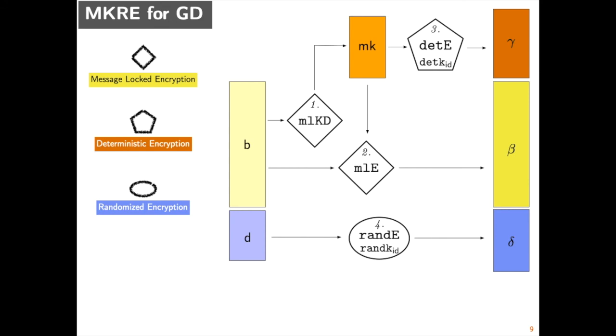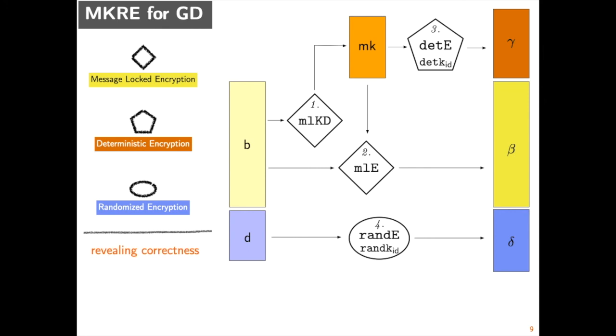I will use the message-derived key to encrypt my basis and get a ciphertext beta. Then, point 3, I will deterministically encrypt my message-derived key. And finally, I will take the deviation and encrypt it using a randomized encryption scheme.